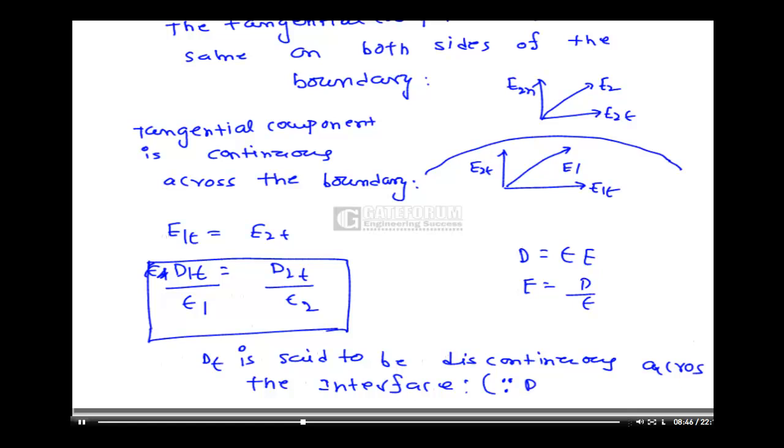Since D1T is not equal to D2T, they have different values. If it moves from medium 1 to medium 2, it undergoes some change. That's why it is discontinuous.